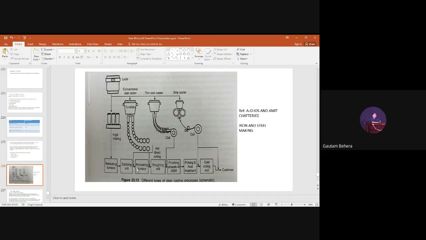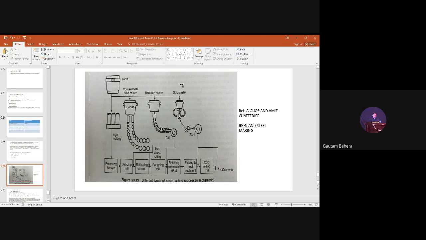There is no requirement for the reheating furnace, the roughing mills and the slabbing mills. We can directly produce a thin slab and directly go to the finishing strand of the hot strip mill. Then after getting the required dimension and thickness, it goes directly to the pickling and heat treatment process, then to the cold rolling mills. Finally, it goes to the customer.